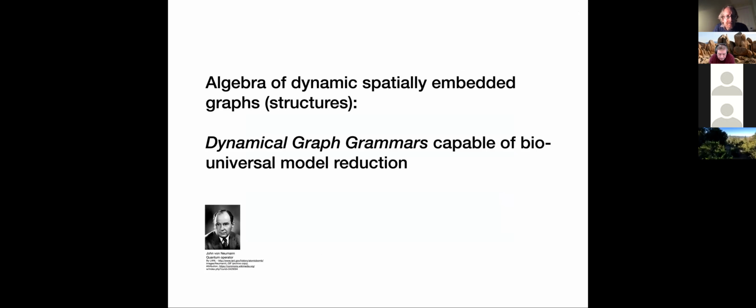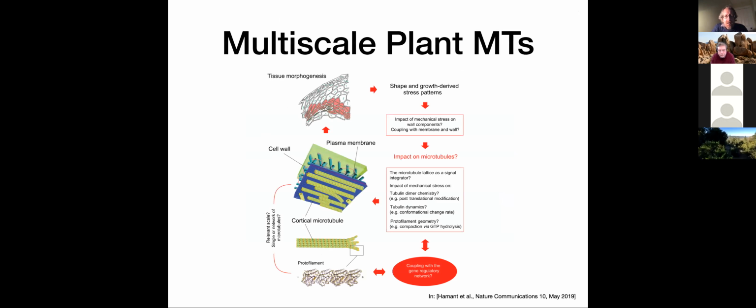So now I'm going to use the microtubules in plant cells to illustrate the operator algebra formulation of dynamical graph grammars as a straight up generalization of stochastic chemical reaction networks, but one which has much more computer science expressive power. The situation is this multi-scale viewpoint of microtubules. Here it is again.